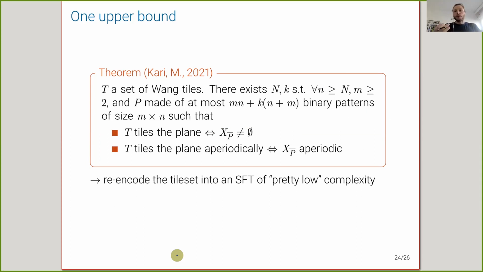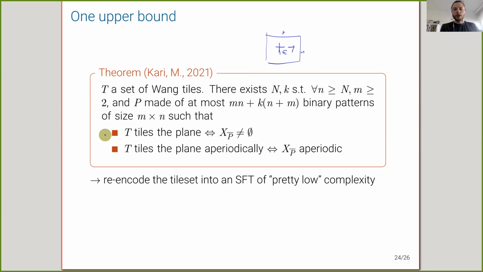So in other words, if you take any set of Wang tiles, you can build a subshift, even an SFT, that encodes these Wang tiles in big n times n squares that each represent one tile. And when you do this, you can be careful and produce not too many allowed patterns and build an SFT with these allowed patterns that behaves exactly like the tiling by the Wang tiles T.